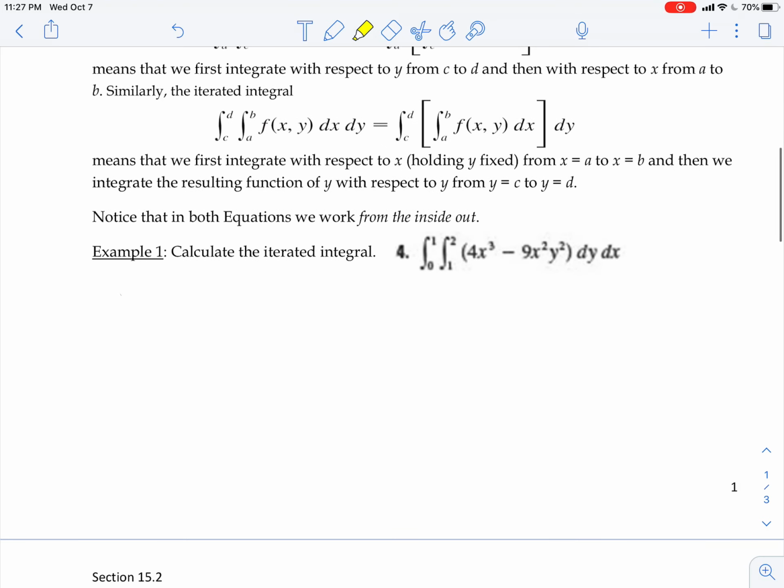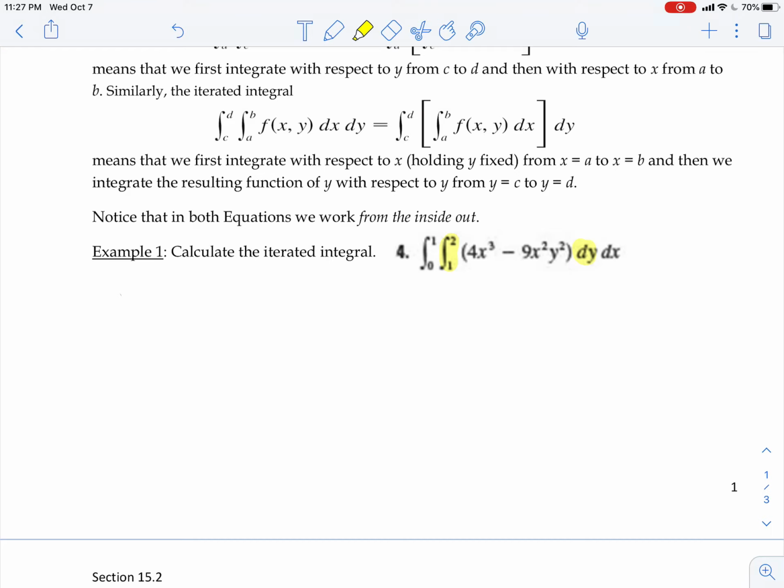We're going to calculate the iterated integral, meaning we just have an integral with more than just one variable. Here we have two variables. Looking at this, we're going to take the integral from 1 to 2 with respect to y first, because dy comes first. The outside is going to be everything that corresponds to x, so 0 to 1 and then dx.